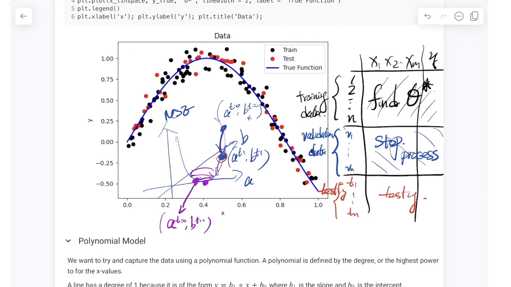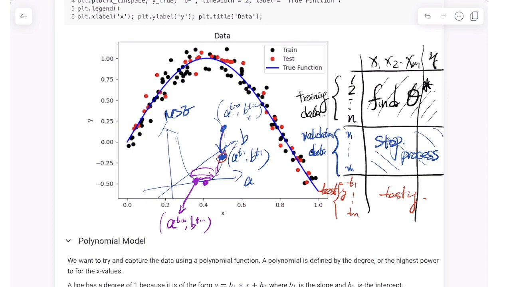That is the number you should report, not the accuracy of the black data set, nor the accuracy of the blue data set. You should report the accuracy of the testing data set. That is your accuracy, your MSE value.